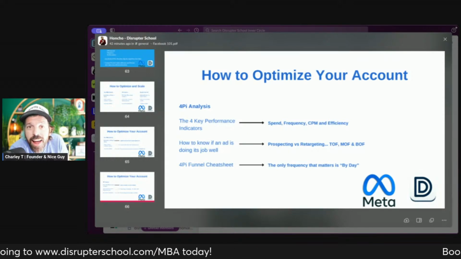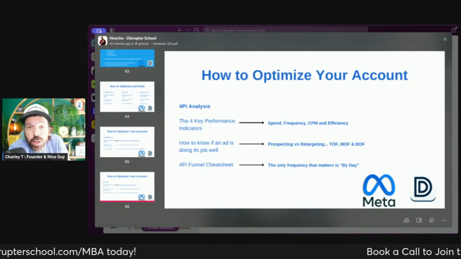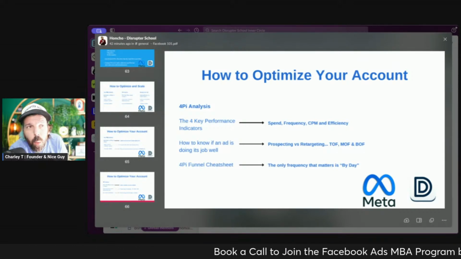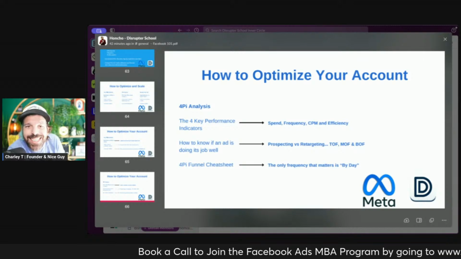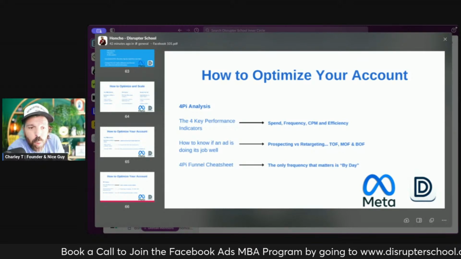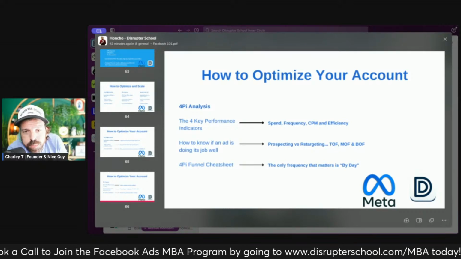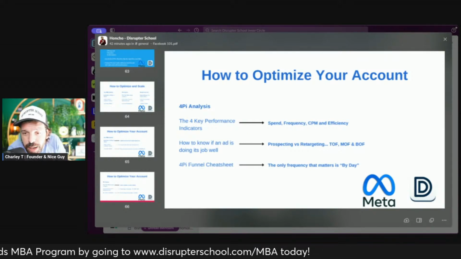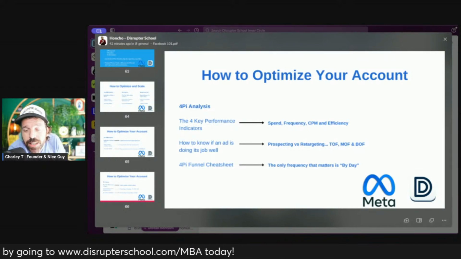If I've already seen a bunch of ads about your brand, I'm probably going to be more interested in seeing why I should care, right? These things make sense. So if you're doing your homework, then you're really going to be able to understand based on spend, frequency, CPM, and efficiency if your ad is doing its job well.